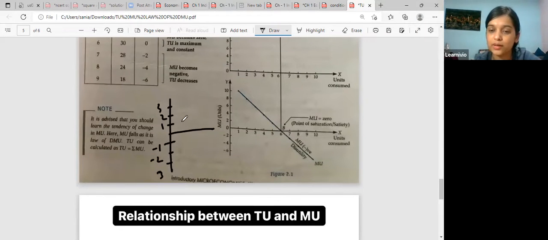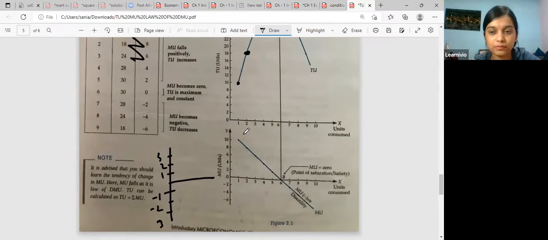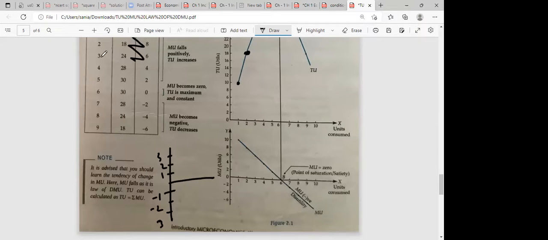So I hope you are getting this, Labiba, right? This one? Yes, teacher. And then you can see 1.